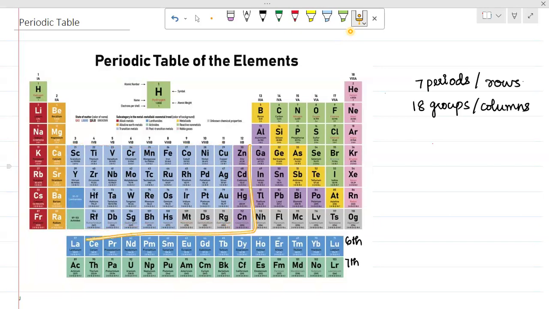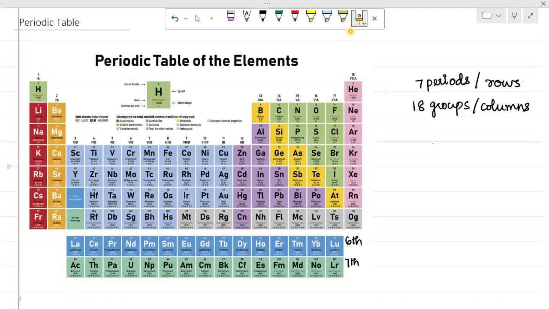So third group to 12th group is D block elements, and from 13th group to 18th group, they belong to P block elements. And these two, which are kept at the bottom, belong to F block elements. Now, why is it called S, P, D, and F? We'll be learning that.